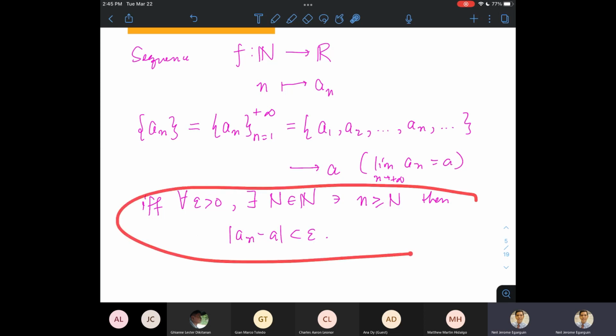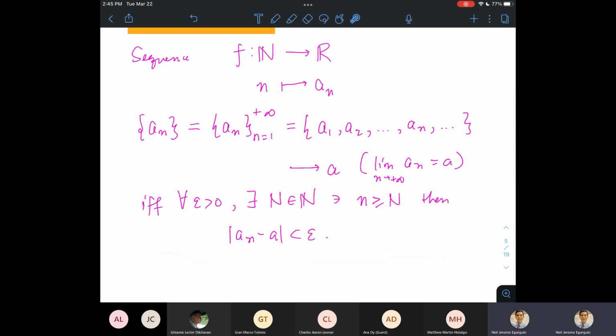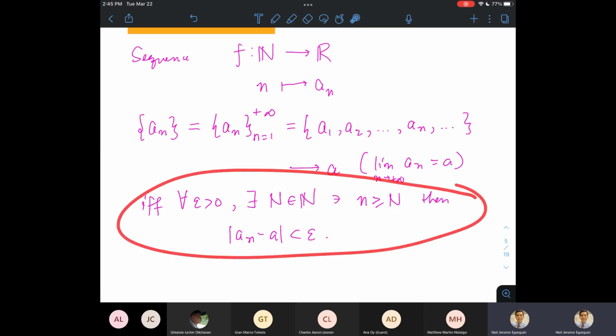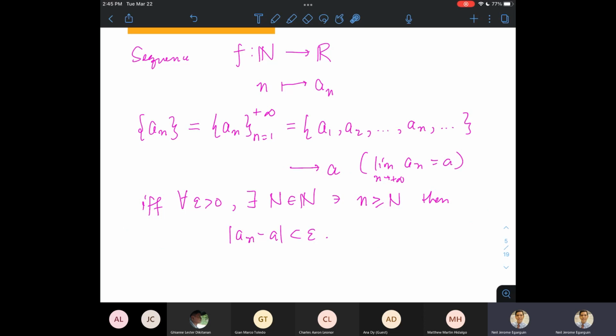So if you will laymanize this bunch of alien-looking symbols here, you can say, for whatever epsilon you choose, laging merong sufficiently large subscript that will guarantee that the term in the sequence is within epsilon units away from the supposed limit A. All right? And then sinabi natin na kapag ka naman yung negation nito totoo, then we say that the sequence will not converge to the number A.